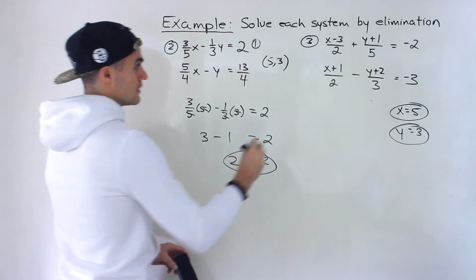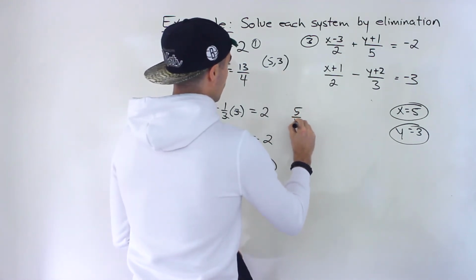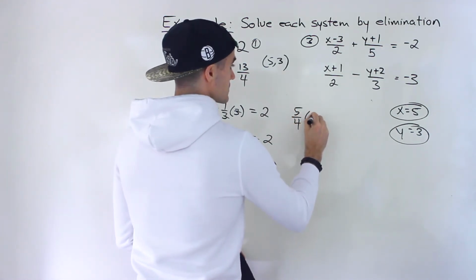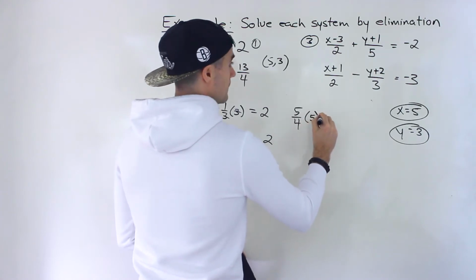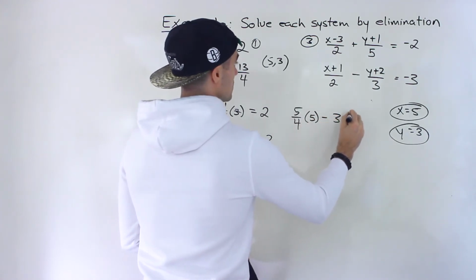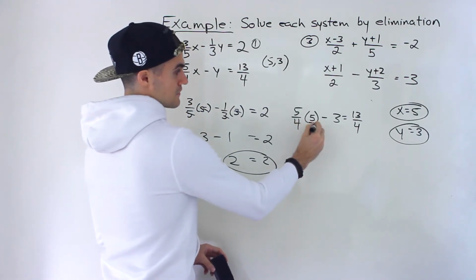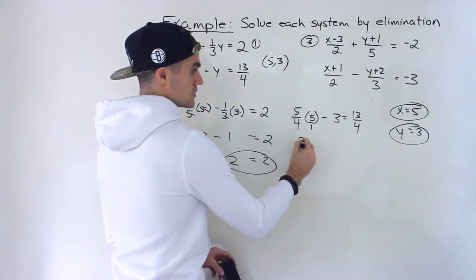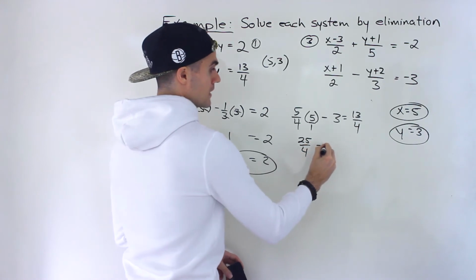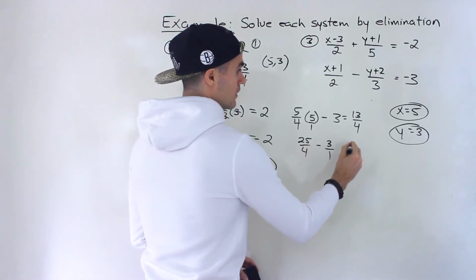So that's all good. Then we got 5 over 4 times the x value of 5 minus the y value of 3. That should be 13 over 4. So this one's going to be a little bit more complex. This 5 is like over 1. Multiplying these would be 25 over 4 minus 3 over 1.